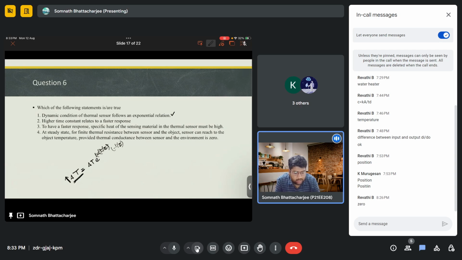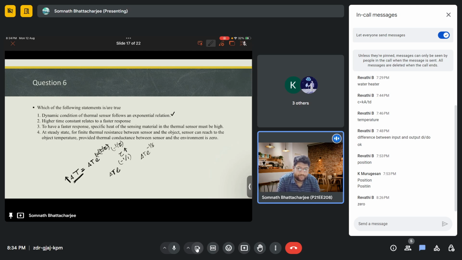Because if we increase the value of tau, what will happen? Let's say we have del T into e to the power of, let's say the time is constant, it's 1, and tau is 1, and in another case let's say tau is 5.